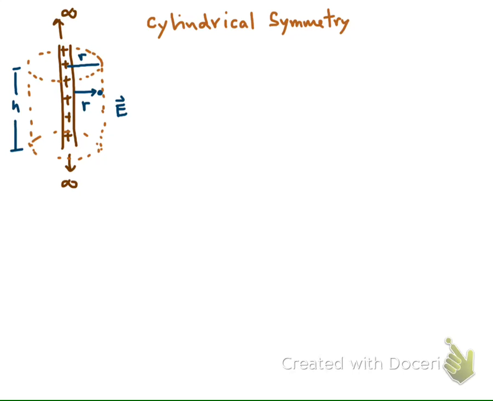we construct this cylindrical Gaussian surface that has our point of interest on the surface, because we can see that the problem has the cylindrical symmetry.